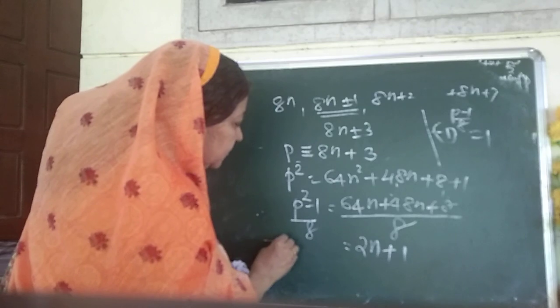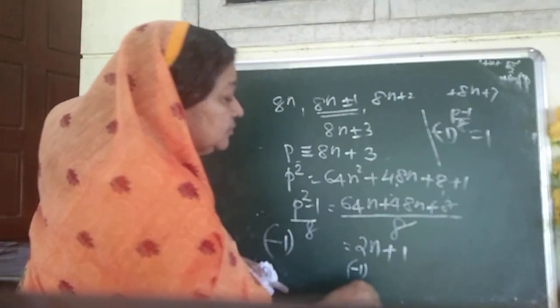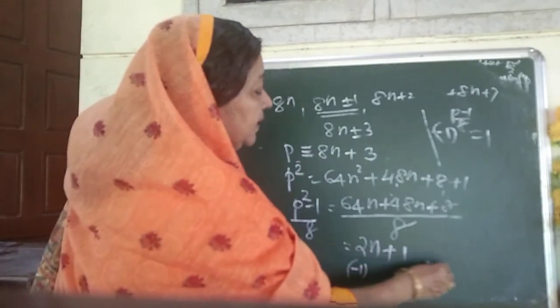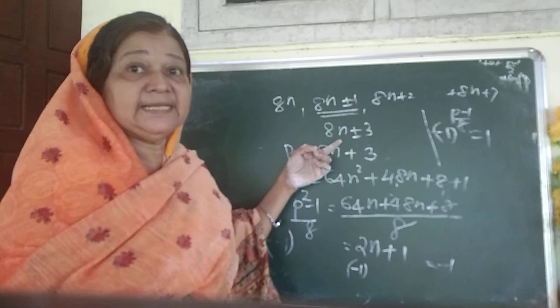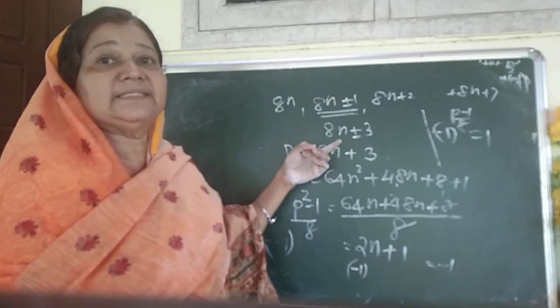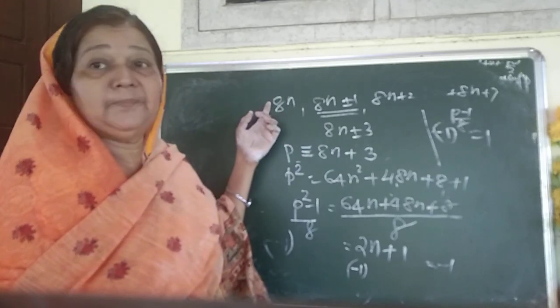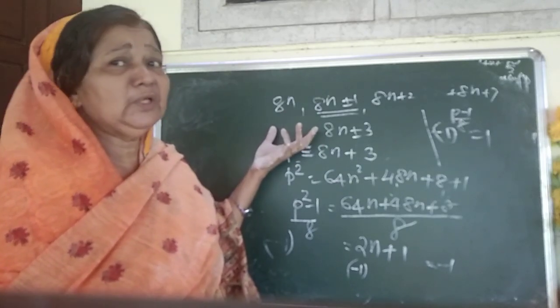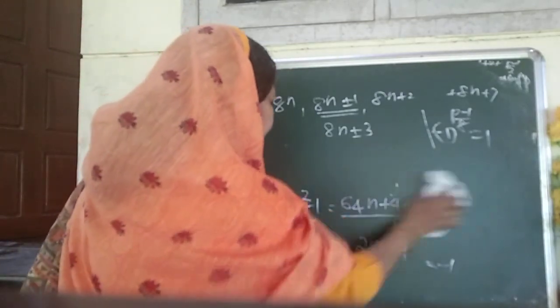Therefore, minus 1 raised to (p² minus 1)/8 equals minus 1 raised to 2n plus 1, which equals minus 1. Therefore, if p is of the form 8n plus 3, that means 3, 11, etc., we can see that 2 does not belong to the quadratic residues modulo p.